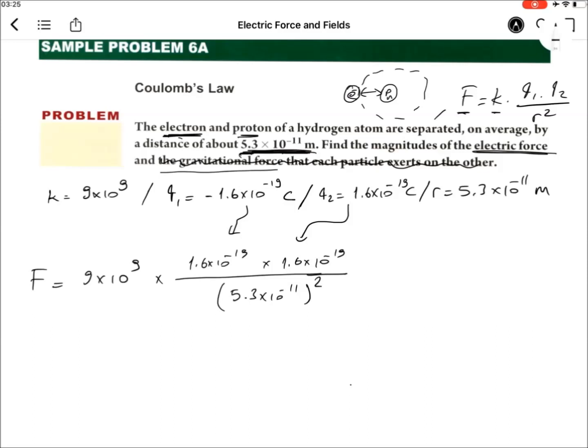That square comes from the formula. And why I didn't use the negative sign here: the negative and positive sign gives us the direction of the force. It doesn't affect the result of the calculation. So this result is going to be 8.2 times 10 to negative 8 Newton.